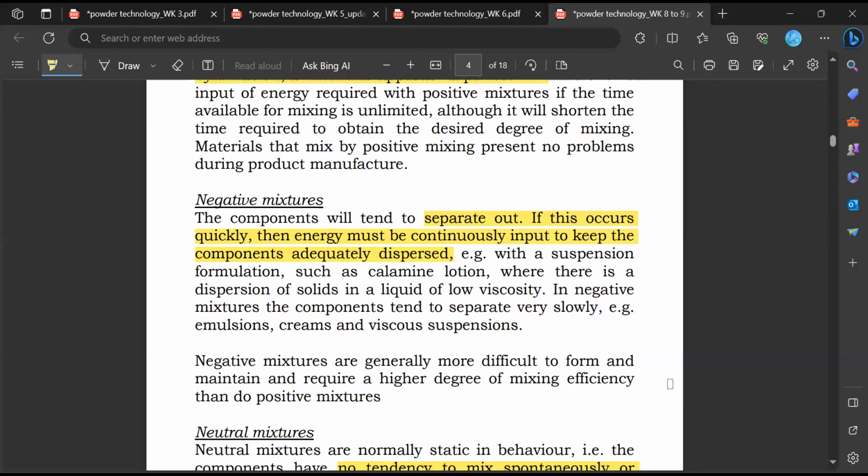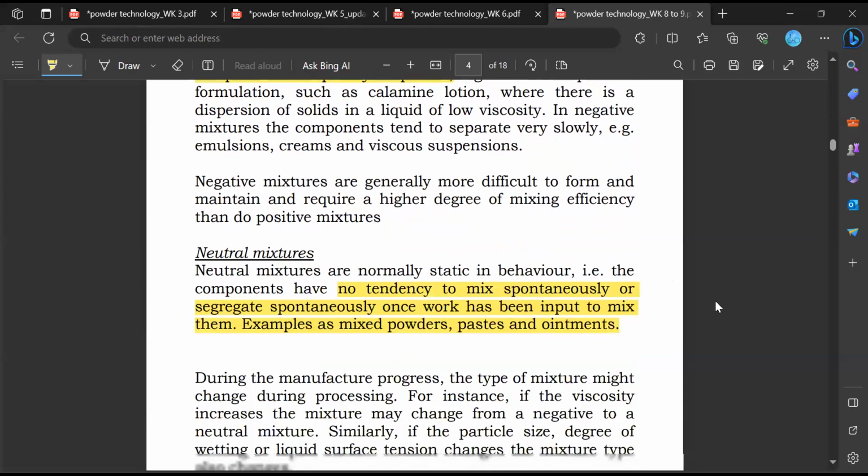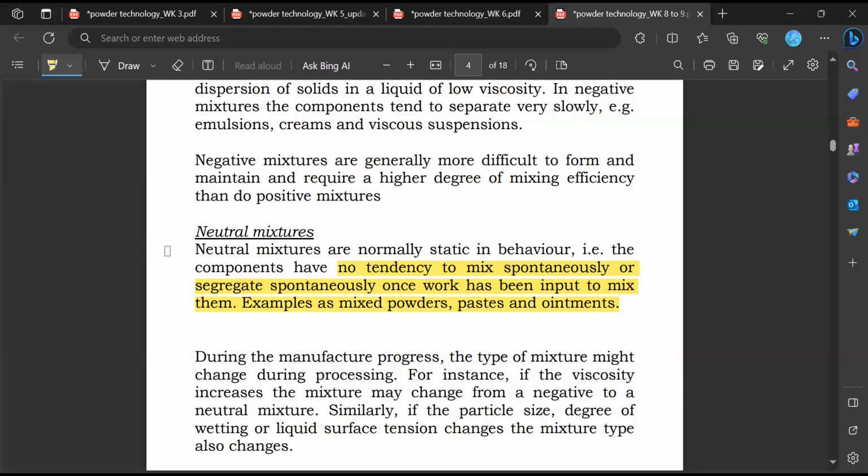This is usually for emulsions, creams, and viscous suspensions. So you have to constantly keep on stirring them. When we're talking about suspensions, we have to mix it before use every time, since it usually separates out. Then the next one is neutral mixtures, where it either does not mix spontaneously or it segregates spontaneously.